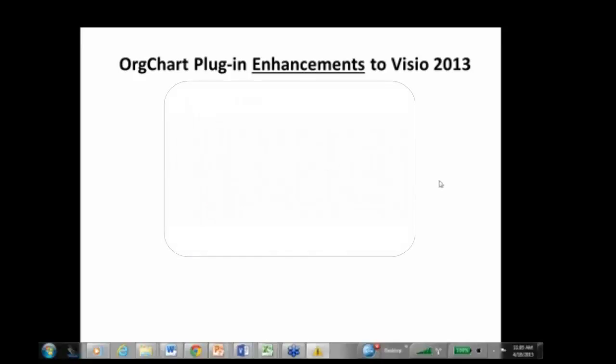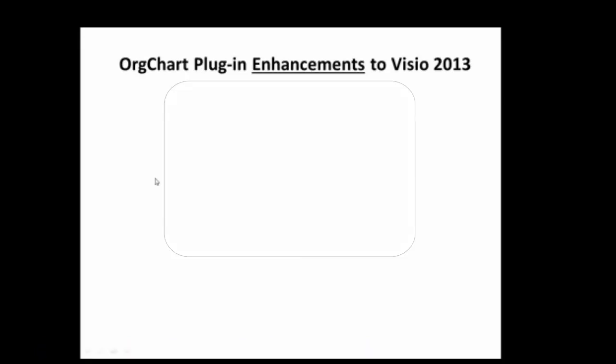We have developed a plug-in that takes the capabilities of Visio 2013, Visio 2010, and extends them so that those who are using Visio or those who are doing these HR deliverables can do even more. So we're taking you beyond what the in-the-box capabilities are. But let me keep going.